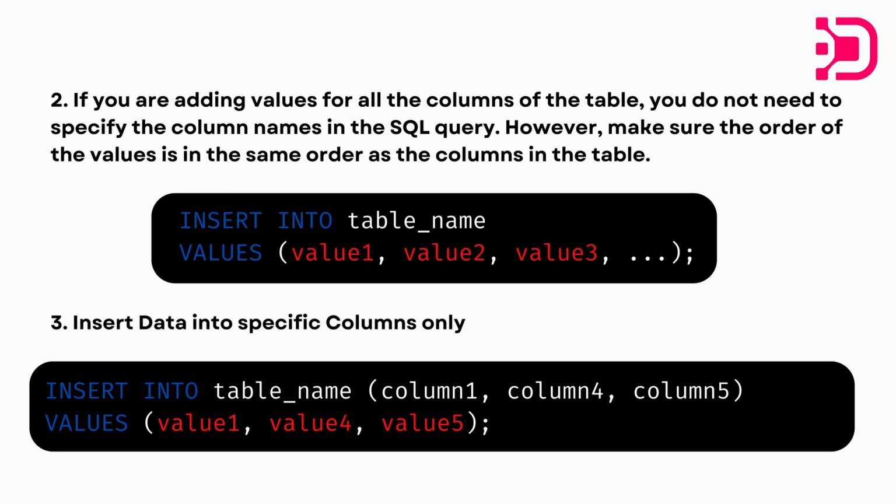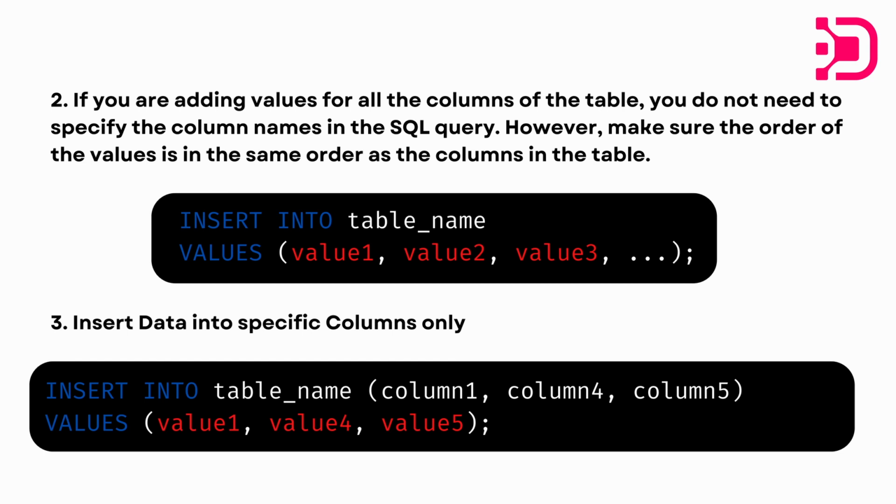It's important to remember that the number of column names that we have listed should be equal to the number of values that we have inserted, and the order should correspond to which value has to go into which column. So value 1 will go into column 1, value 4 will go into column 4, and value 5 will go into column 5. So the order and the number of values in that list has to correspond with the number of columns in the list.